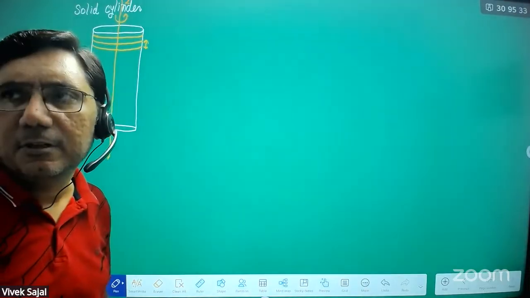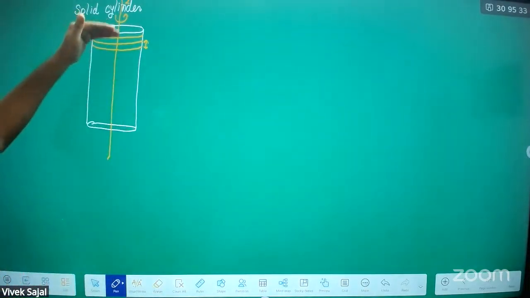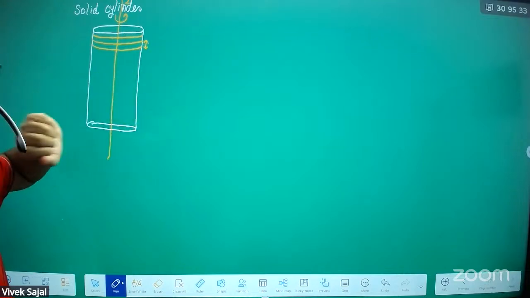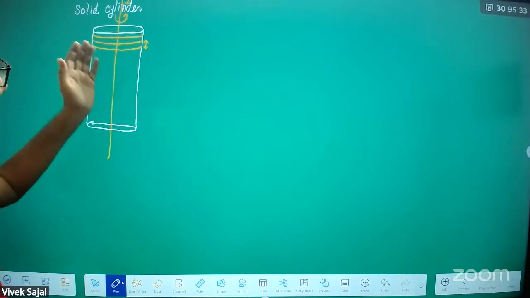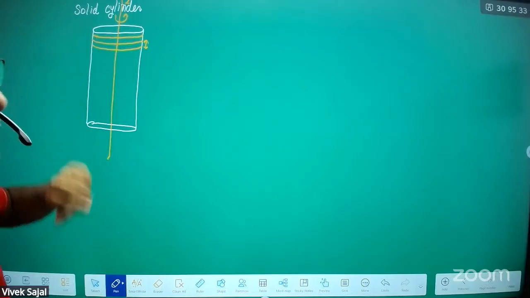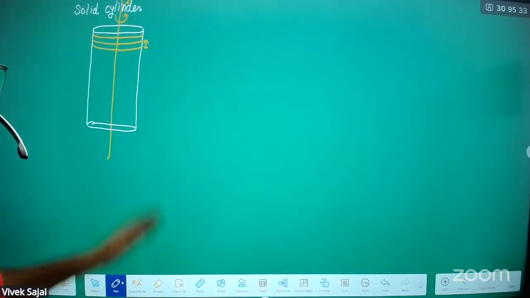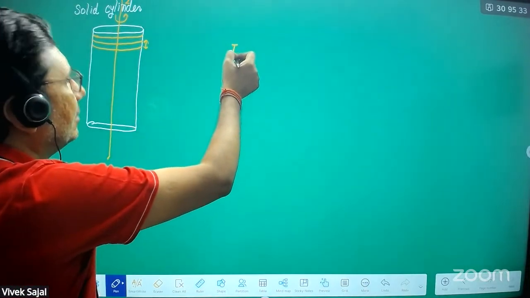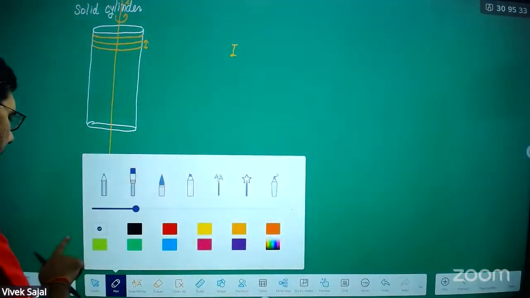So this solid cylinder is made up of an infinite number of discs, and we are rotating the cylinder about this Z axis. Then what will be the moment of inertia I of this cylinder?